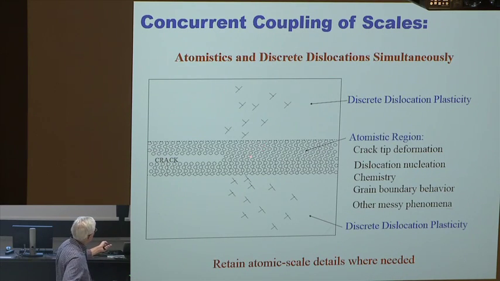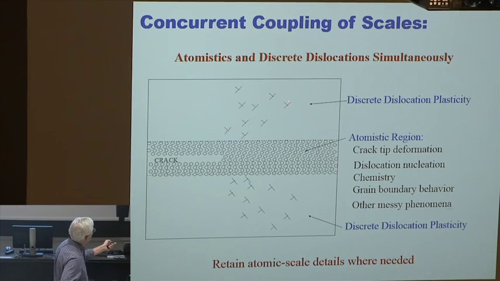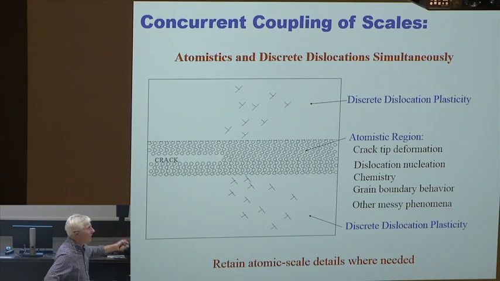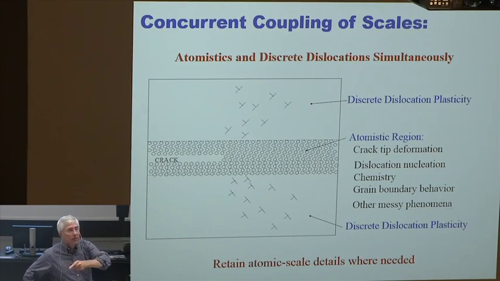One is that the stresses and deformation in here have to be transmitted out here, and the stresses and deformation here have to be properly transmitted here. That is, the mechanical coupling at this boundary has to be precise. We can't introduce errors in that coupling because errors will then move the dislocations to the wrong positions, and if the dislocations are in the wrong positions, then the crack will see the dislocations in the wrong positions, and the crack will do the wrong thing.